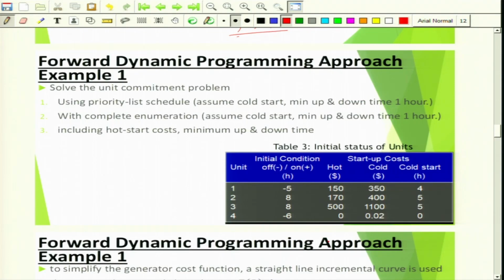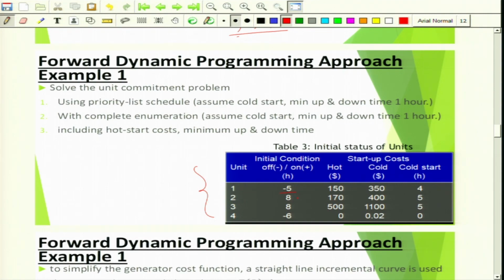Now there is another table given which helps you to understand what is the startup cost involved. There is an initial condition: minus means off, plus means it is on. That means -5 means it was off for the past 5 hours.